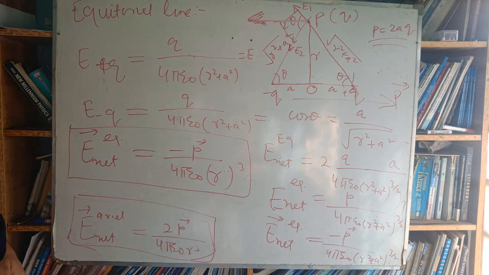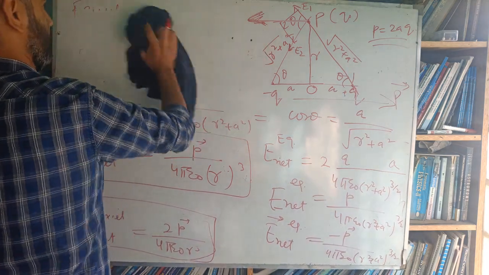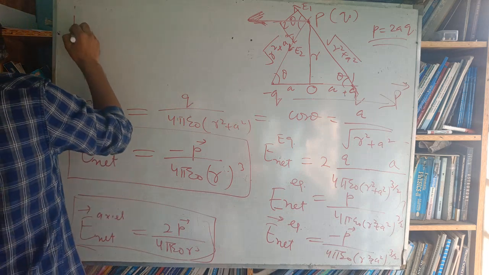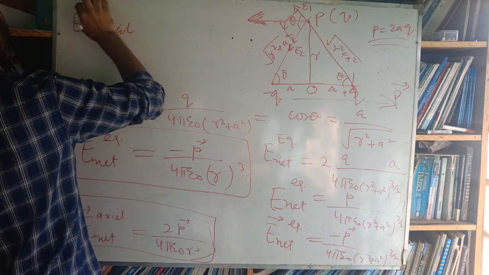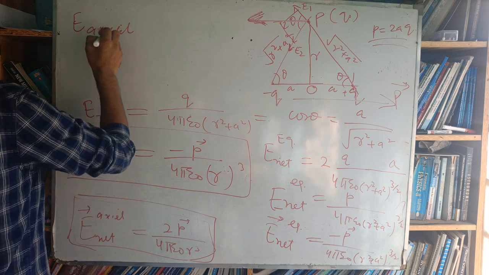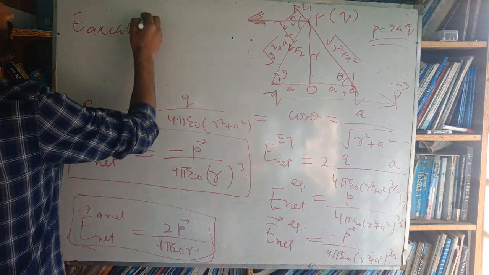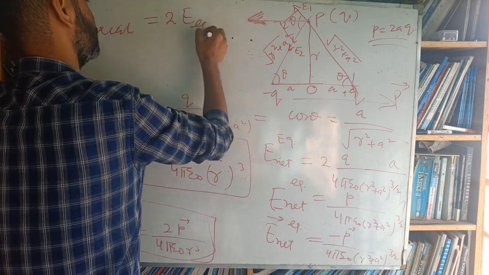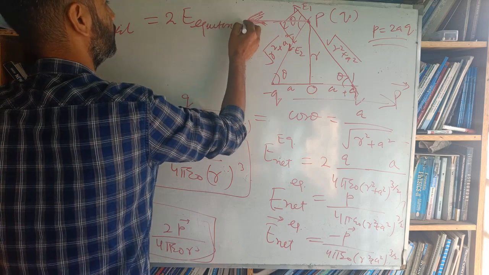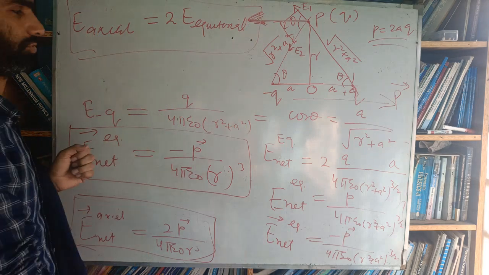So this is the expression for the equatorial electric field, and the earlier one is the expression for the axial electric field due to the dipole. We can easily see that, let's only take the magnitude, at axial point, same distance r, it is 2 times the equatorial in terms of the magnitude, and in terms of the direction they are opposite.